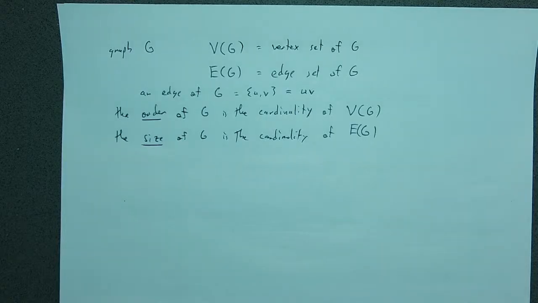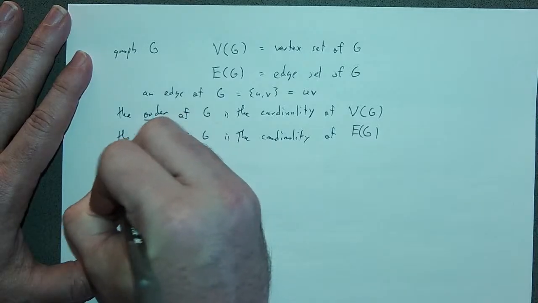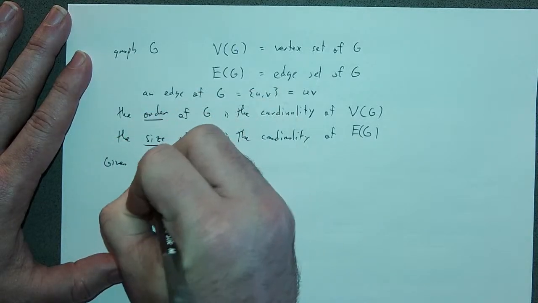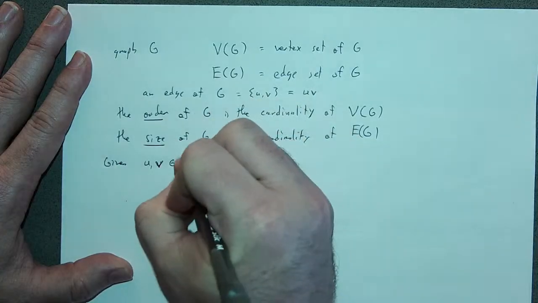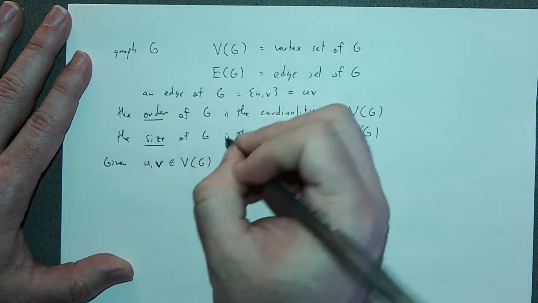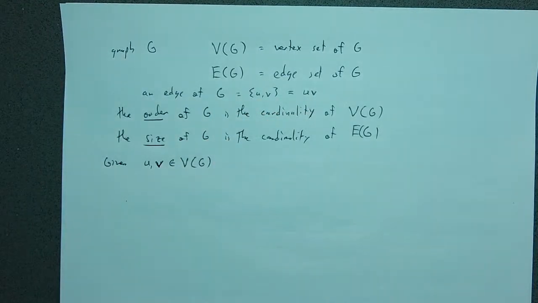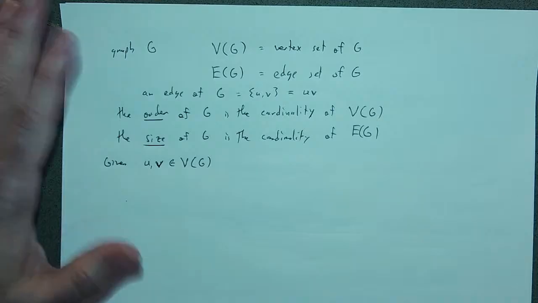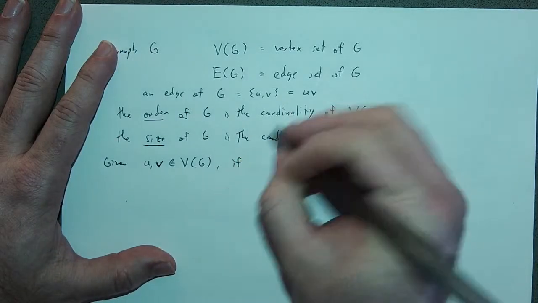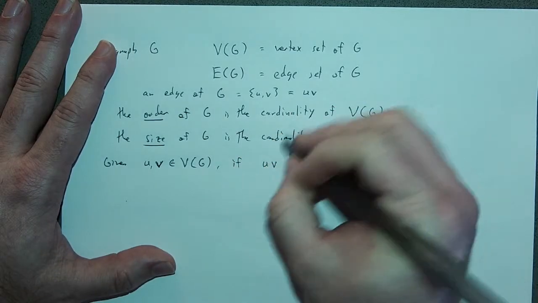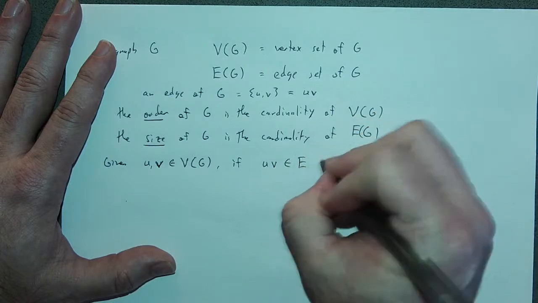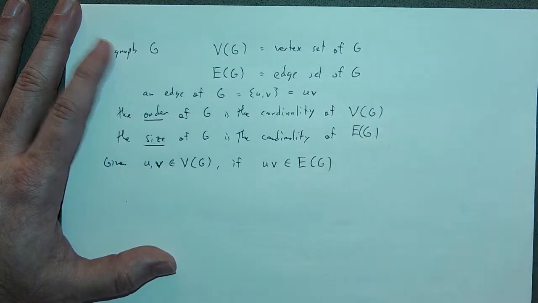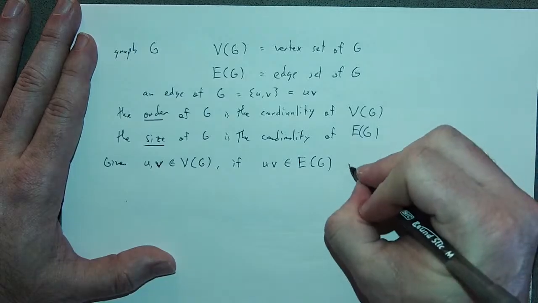Given two vertices U and V in the vertex set of G, if the edge UV is in the edge set of G, we say those vertices are adjacent.